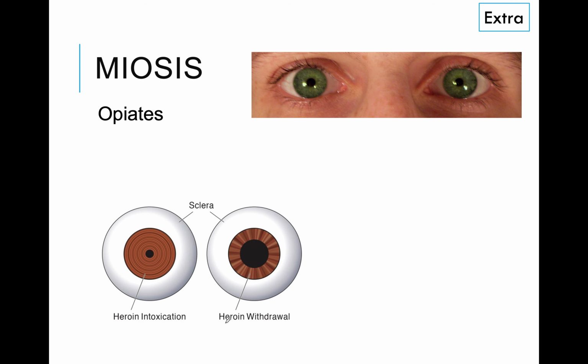It's a sign, I guess. There is a better word, but it's failed me at the moment. A sign that a person may be showing heroin intoxication, where there is considerable constriction of the pupil. Opiates as well, with heroin withdrawal, can result in dilation. Nicotine as well has a similar effect, and so do some antipsychotics.